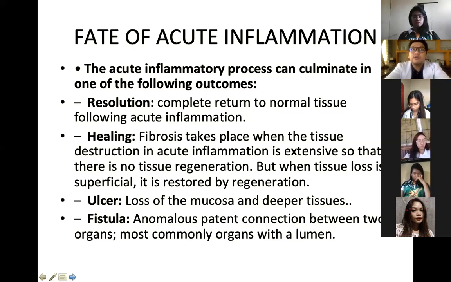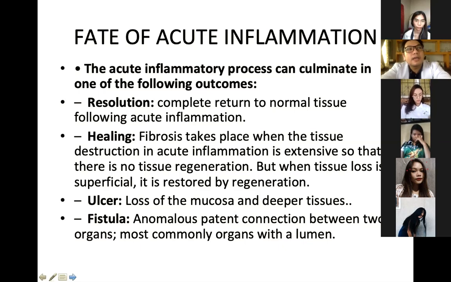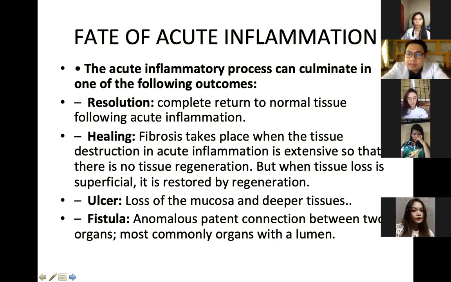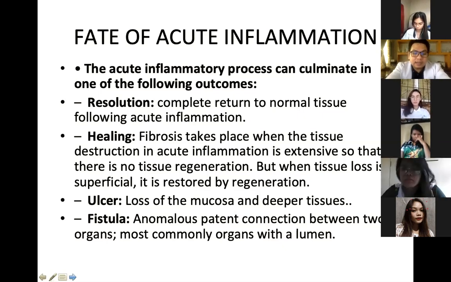Okay. If you have encountered fistula sa mga patient na undergoing dialysis, sir. Yes, dialysis. But the fistula for those patients, class, are surgically attached.